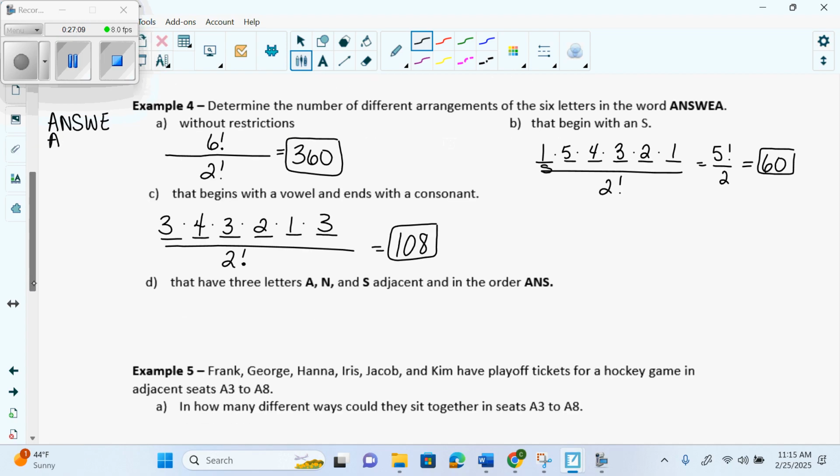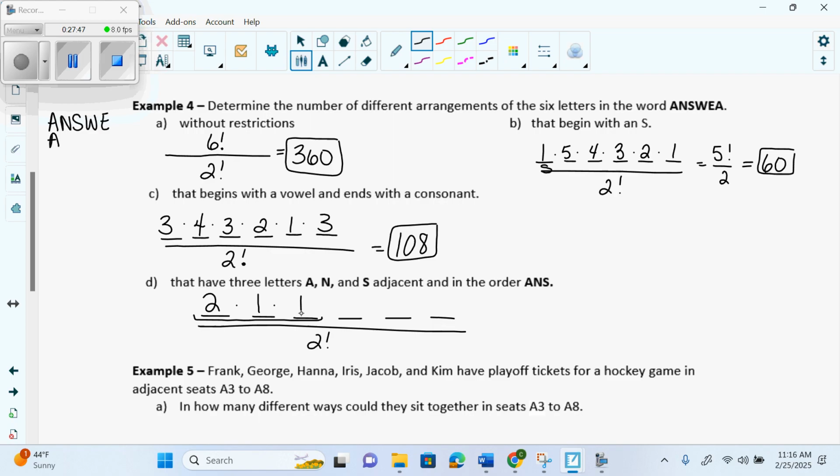Okay. That have 3 letters A and S adjacent in the order A and S. On the bottom, you're going to have 2 factorial. I put it always. So it needs to be in the order A and S. How is this different than the last one, though? The first blank has what? How many options? 2. Because there's 2 A's. Then 1, then 1. How many letters have I used up? 3. What if it said adjacent in the front? When I was done, I'd be done, right?